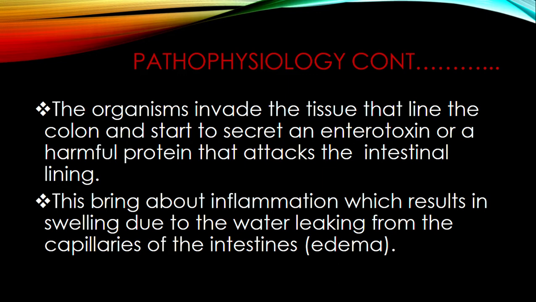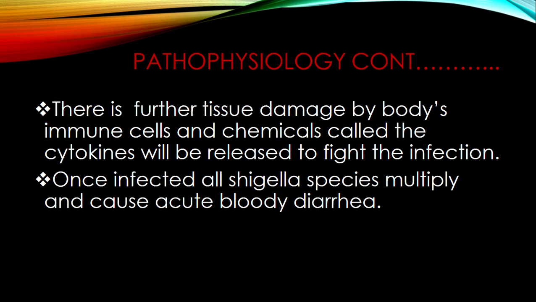Now the body's immunity also realizes, oh, something is wrong here, we have to fight this infection. So during the inflammation, the cytokines, which are chemical inflammatory mediators, will come in. That will result in severe damage of the lining of the intestines.